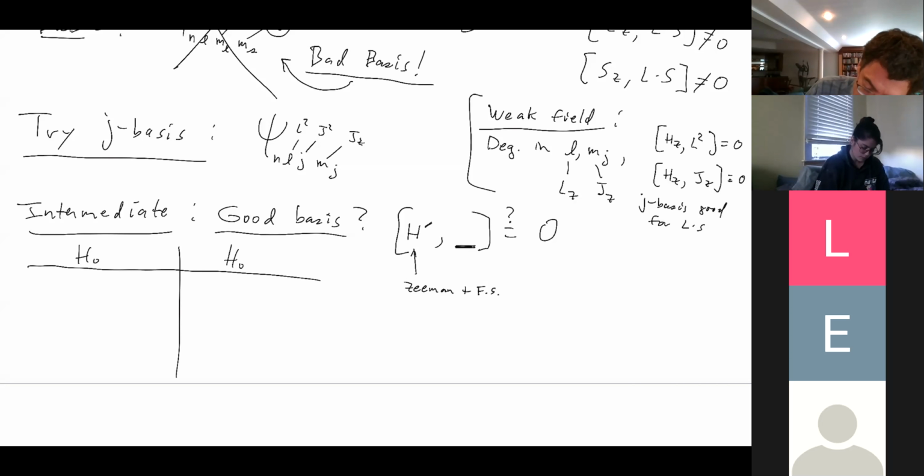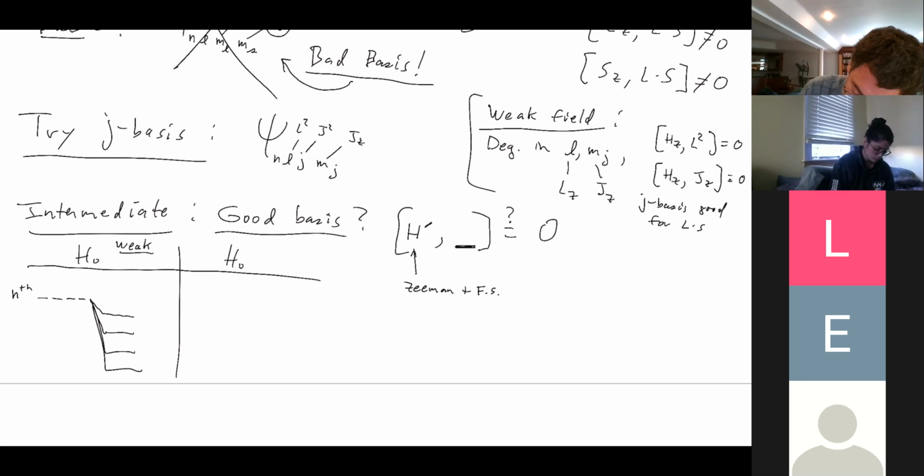Okay, let's take a look at this. So this is the weak field case. When we looked at the H naught, the unperturbed basis for the weak field case, remember we had our nth level, which is degenerate by 2n squared. So we got a huge degeneracy, but in the weak field case, that degeneracy was already split by the fine structure, J1, J2, J3, J4.